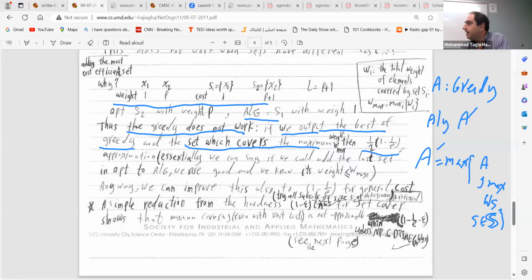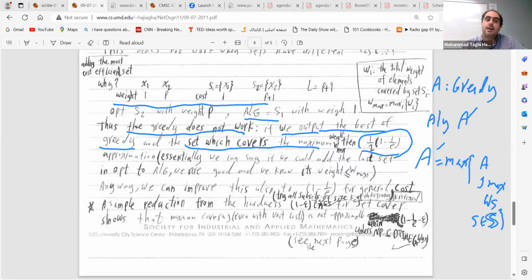Either I can get the max guy or all the previous guys. So essentially I'm using another factor 1/2 here. 1 minus 1 over E because of the greedy, but another factor 1/2 because optimum takes both the last guy and the previous guys, while I can take either the last guy or the previous guys. So essentially you are losing a factor 1/2, and then you get 1/2 times 1 minus 1 over E.